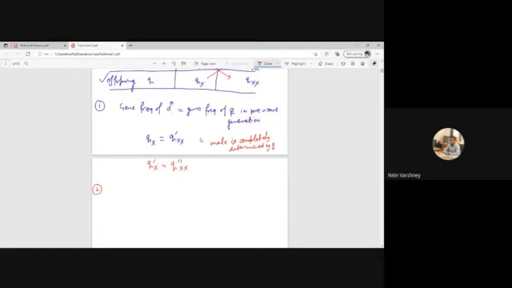Second result is female offspring is determined by both, what? Sperm and egg.